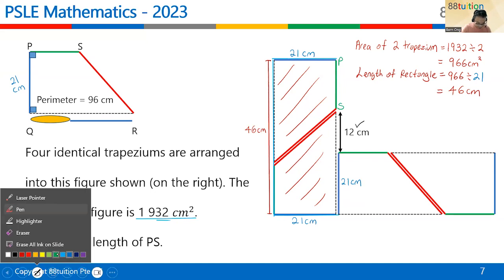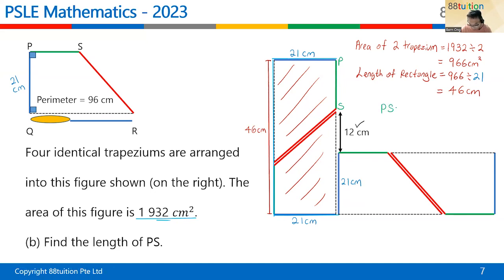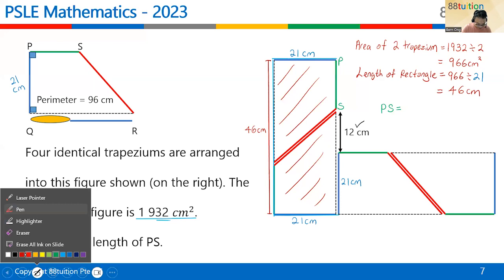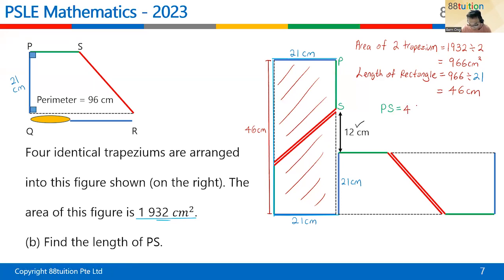You can easily find PS already. PS is equal to 46, which is the whole length of the rectangle, less the given 12, less the part A answer, 21. And drum roll, please, children. Ting! Answer will be 13 centimeter. Yes. So that is how you get the answers for part A and part B.